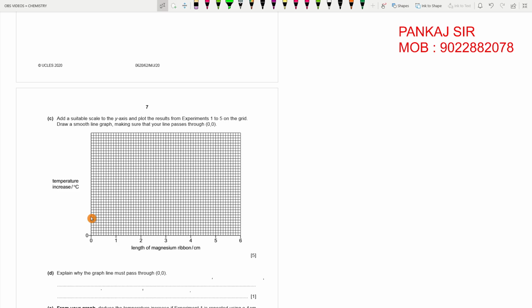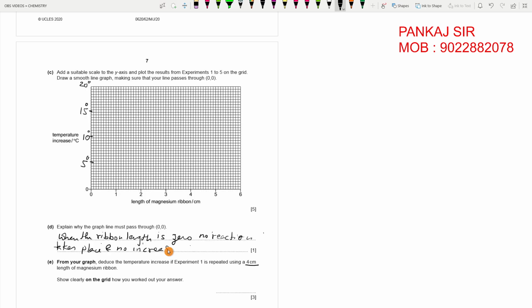Okay. Now explain why the graph must pass through 0, 0. Now obviously the graph must pass through 0, 0 because when the ribbon length is 0, no reaction takes place, and no increase in temperature.